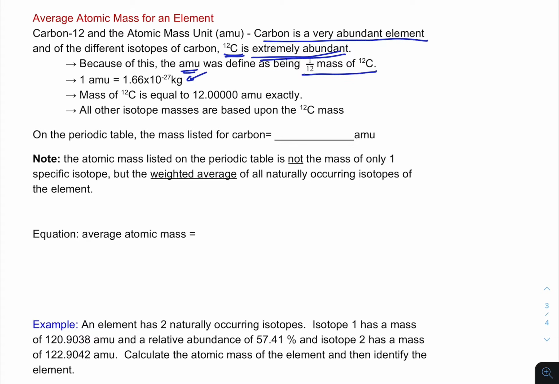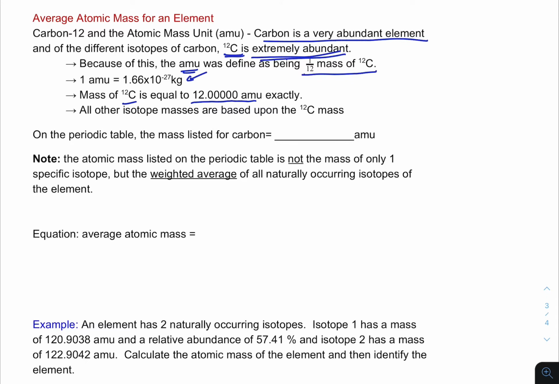So we could say here the mass of carbon-12 is exactly 12.00000000000 AMU. That is because this mass number has been determined based upon carbon-12. And all the other masses that we record are relative to the carbon-12 mass. Okay? So we are able to identify that.